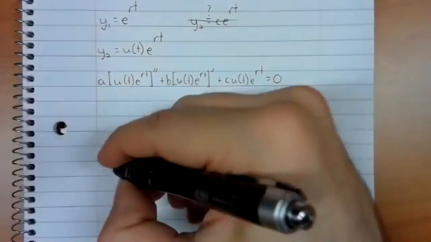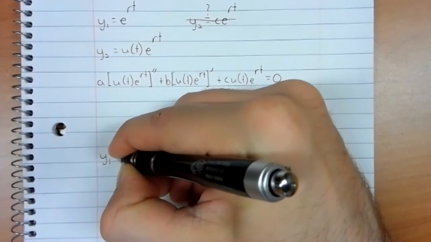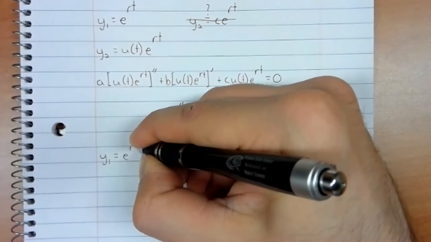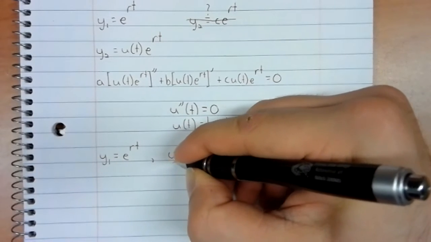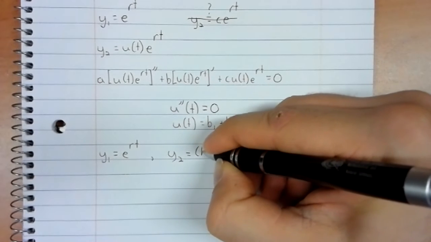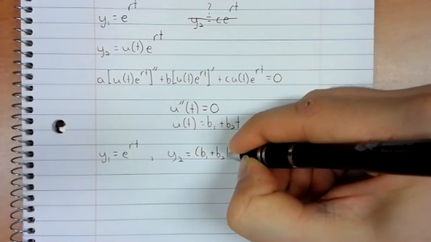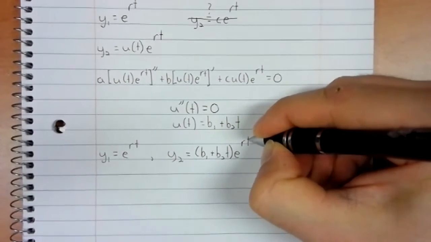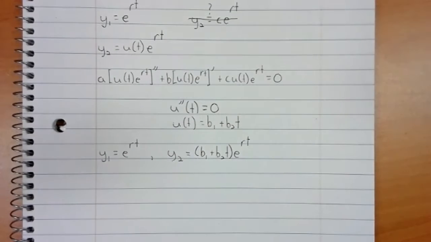Now, y₁ = e^(rt), and y₂ = (b₁ + b₂t)e^(rt) are linearly independent.